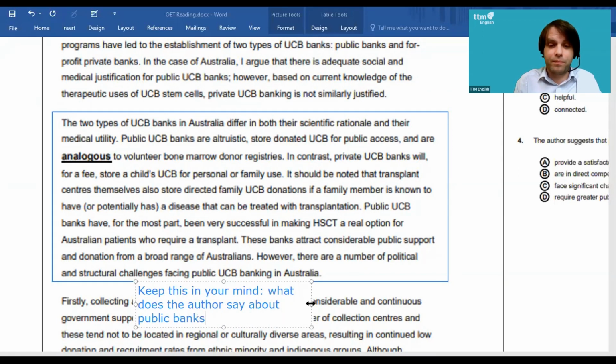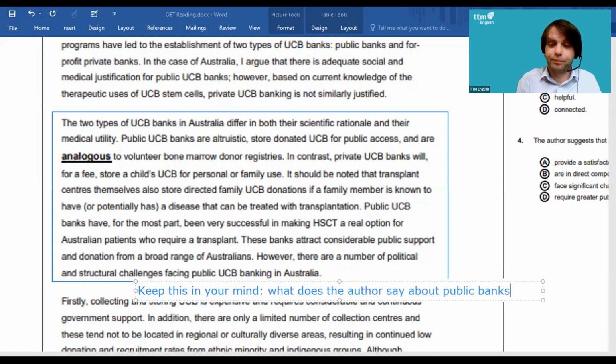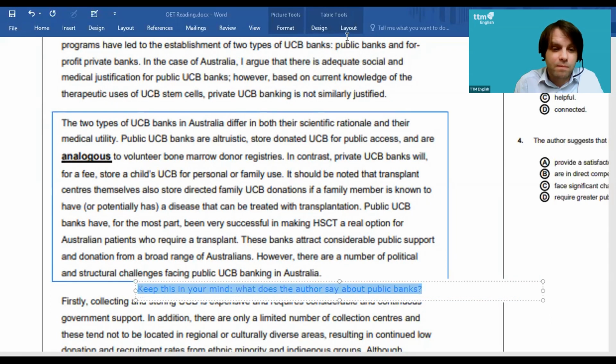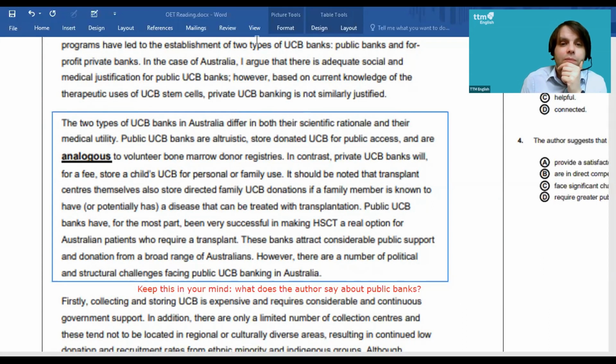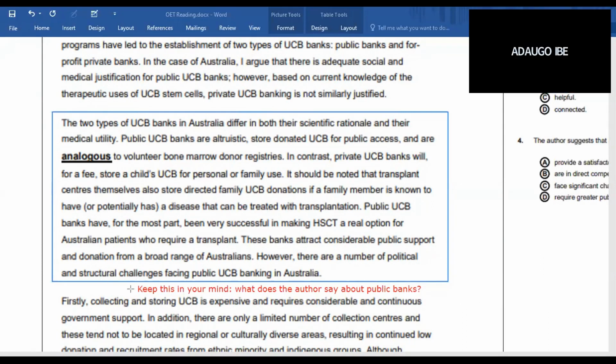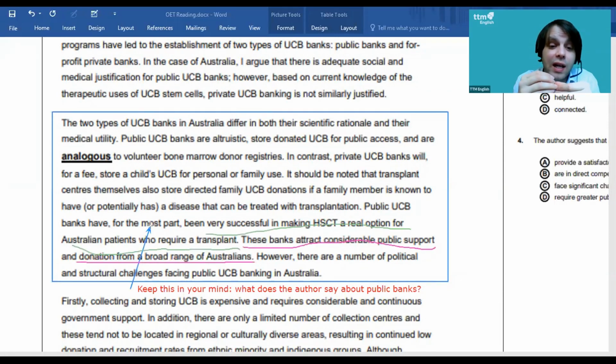That's the question we've got to keep in our mind. Feel free to underline what you think is important.